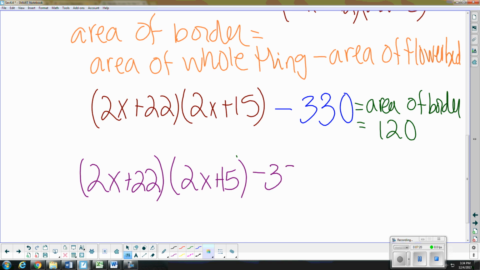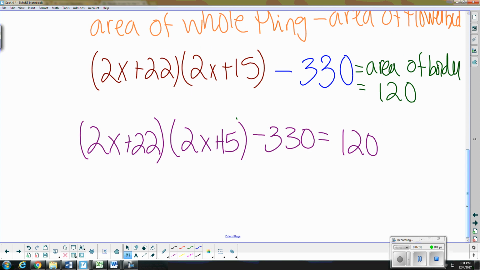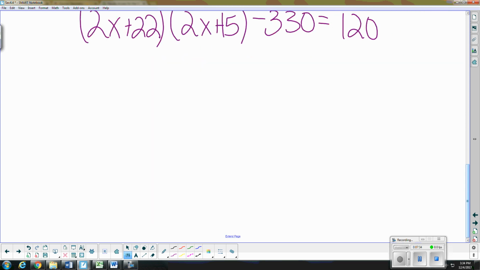I'm going to subtract the area of the flower bed, and that's going to give me the maximum area of my border. I'm going to use my whole budget. So now we have our equation.